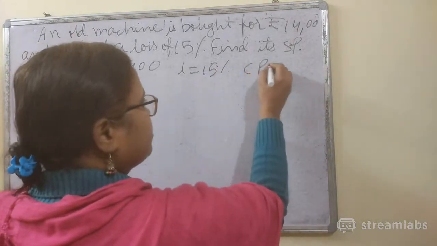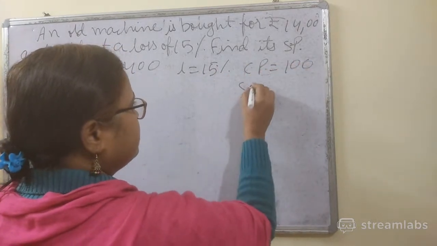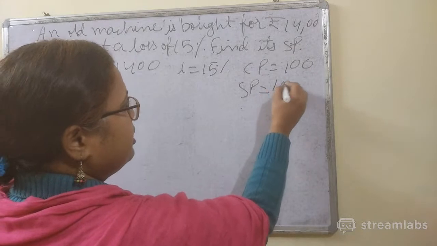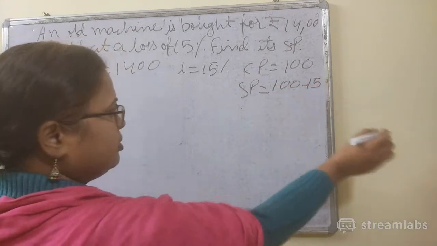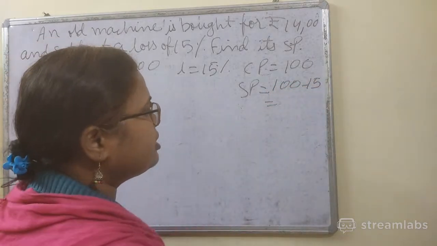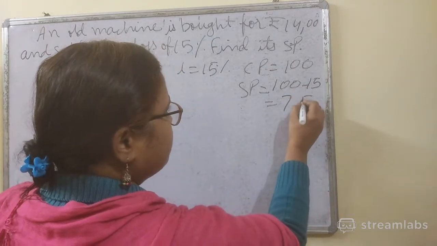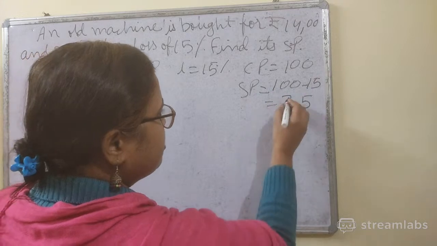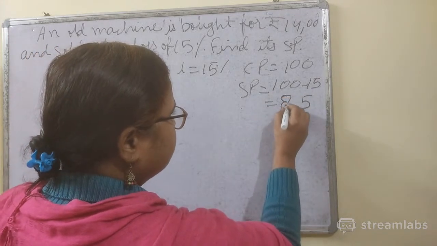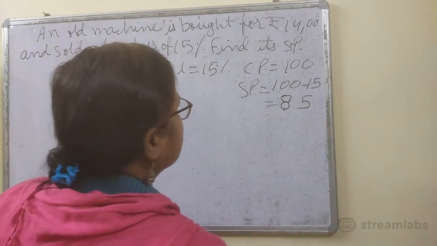So again, suppose CP is 100. Then SP will be 100 minus 15, which is 85.